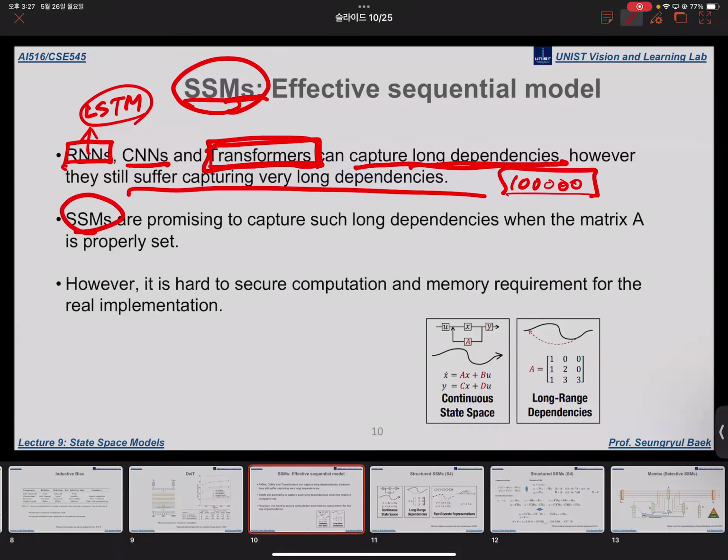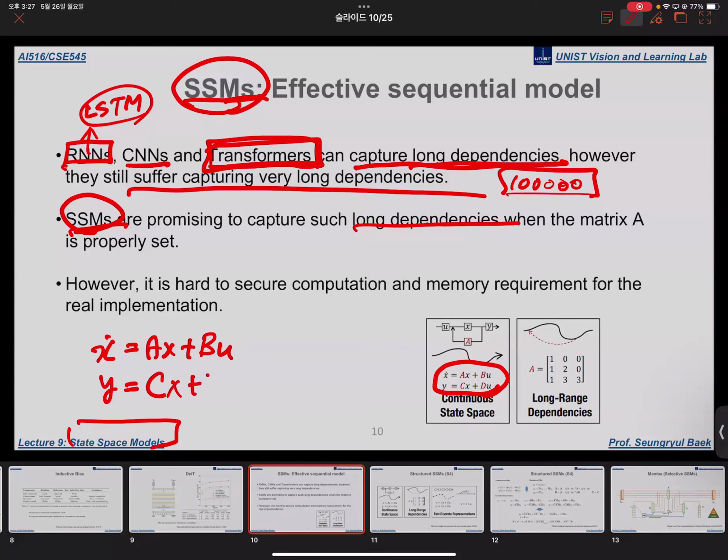So SSMs, some paper already proved that SSMs can be useful and promising to capture such very long dependencies. The state space models are denoted like this: x dot equals Ax plus Bu, and y equals Cx plus Du.